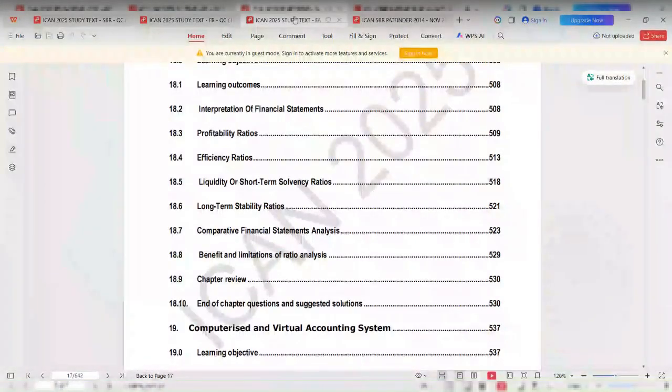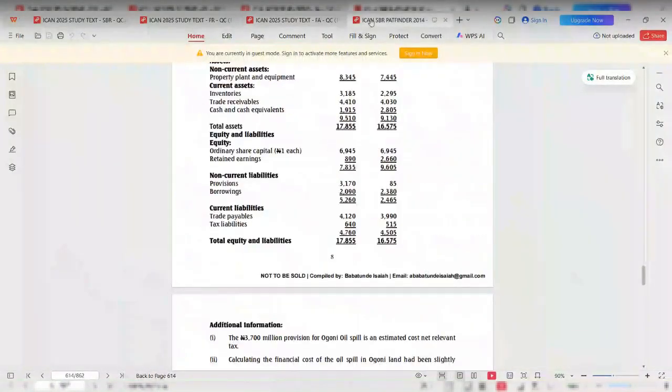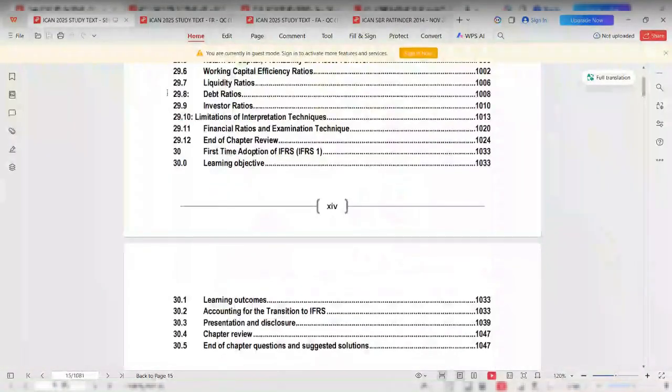And if you are an SBR student, strategic business reporting student, your ratio analysis is found in chapter 29, from page 986 to 1033. Are we still together?